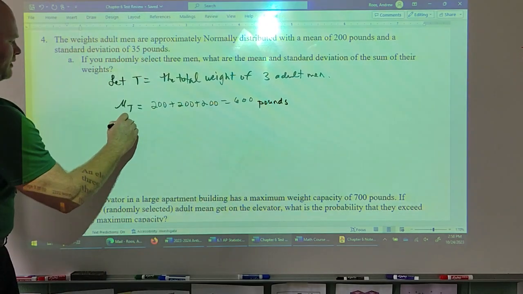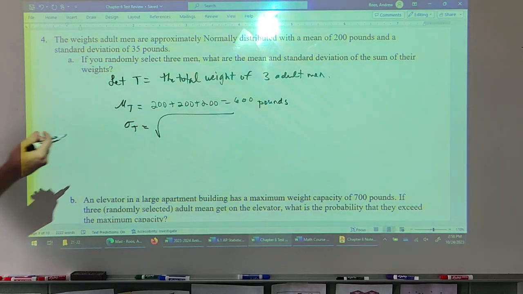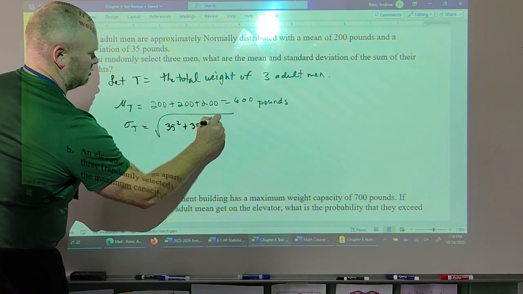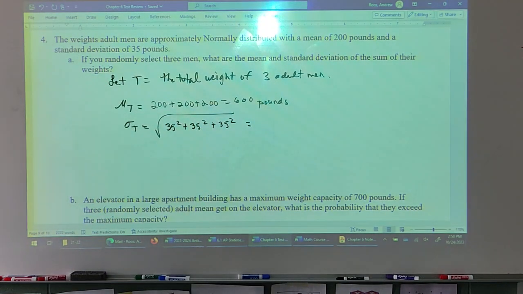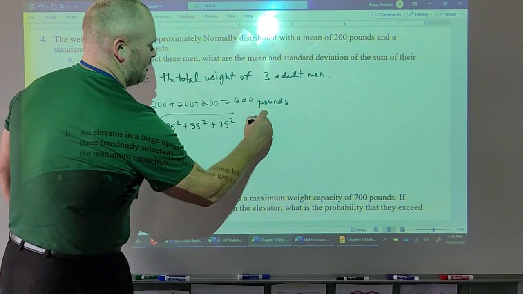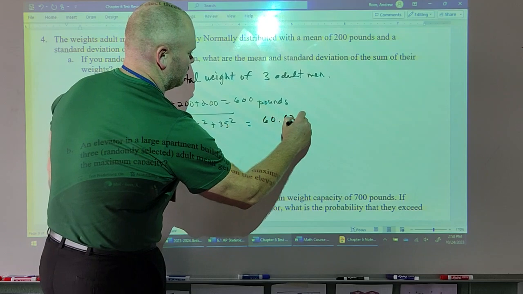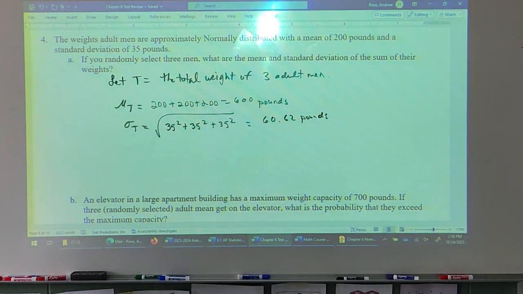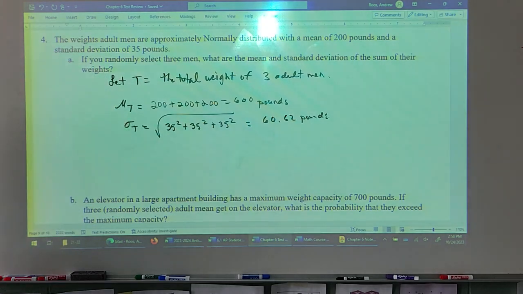Okay, for the standard deviation of T, again, we have to combine the variances. So 35 squared plus 35 squared plus 35 squared, which means we would get a standard deviation for the total weights of about 60.62 pounds. Okay, so that's all we had to do for part A: define a variable, find the combined mean, find the combined standard deviation.